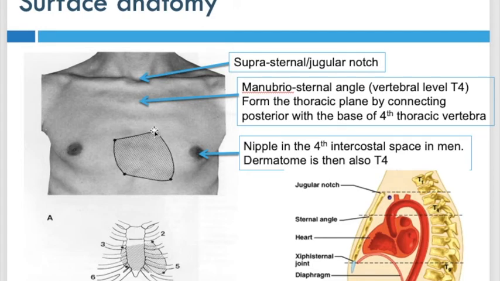So the top left hand side of the heart starts at the 2nd intercostal space, and then runs all the way down to the 5th intercostal space, and then horizontally over to your right hand side on the 6th costal cartilage.